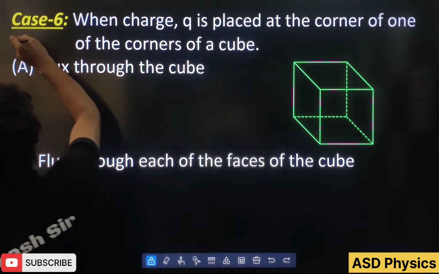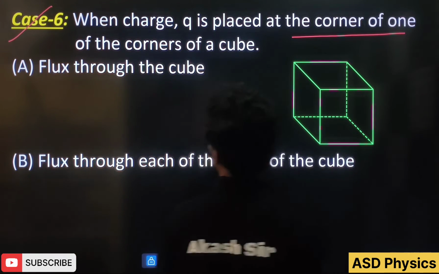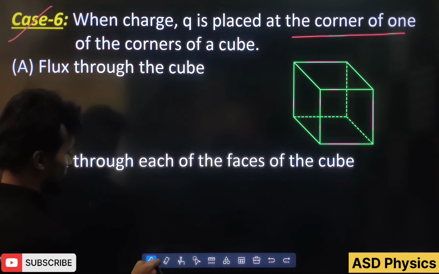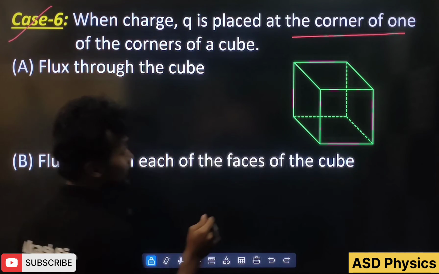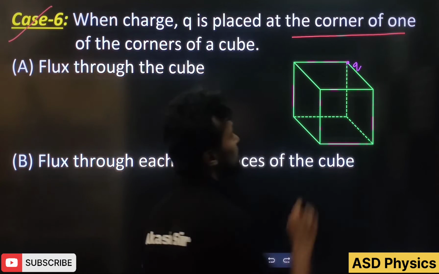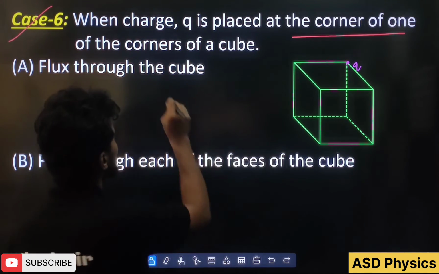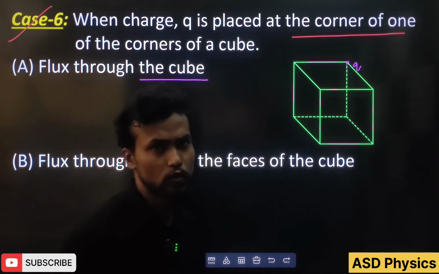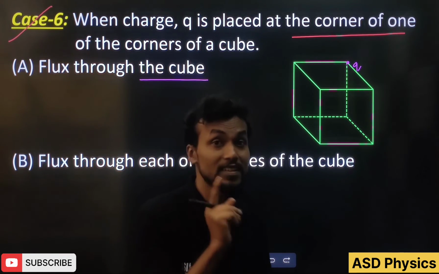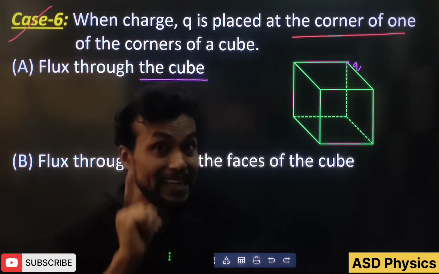Next one is, students, see please, case 6. Here, when charge Q is placed at one of the corners of a cube. Okay, students. So again, I am telling you, let's take for example, now I have kept the charge Q here. So in this situation, we have to calculate how much flux is associated with the cube. So students, again, if you see the symmetry, think please how many cubes we have to draw so that the charge should come at the center. 8 cubes we have to draw.